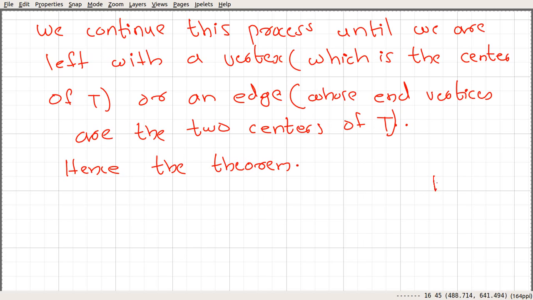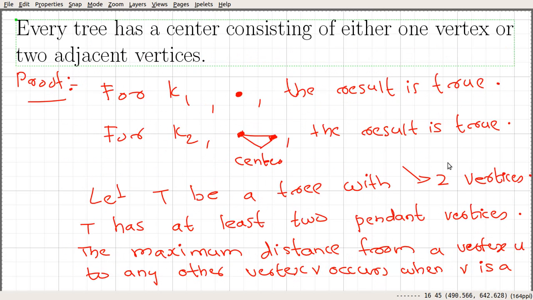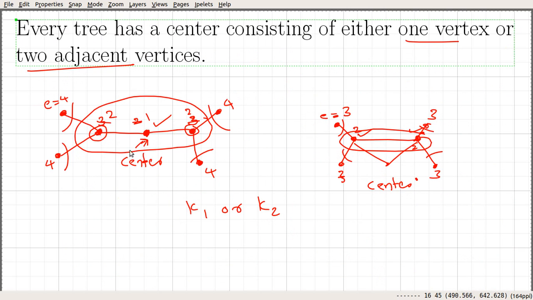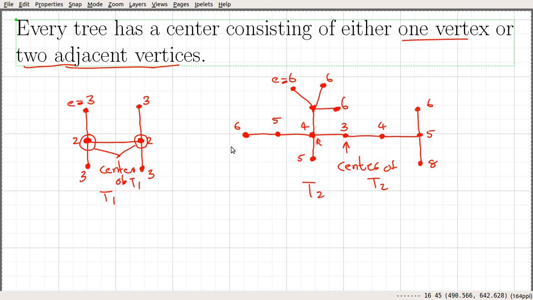So we saw these two examples. Here again, if you run that particular proof on this tree T, let me use a different color.